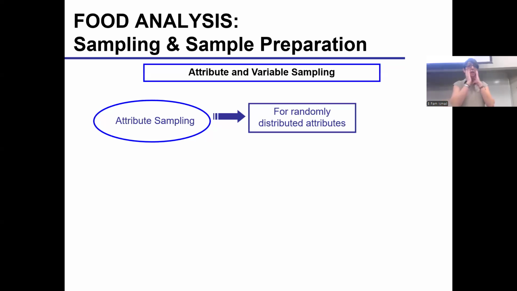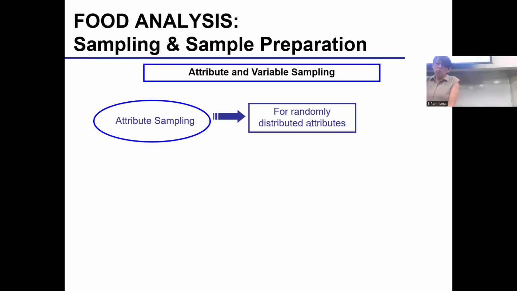One, we call attribute sampling, and another is variable sampling. When you hear attribute, you are really looking for mostly the presence or absence of something that is randomly distributed. Let's say you have mold. Sometimes you have a piece of bread, and there's only mold on the corner of that piece of bread.